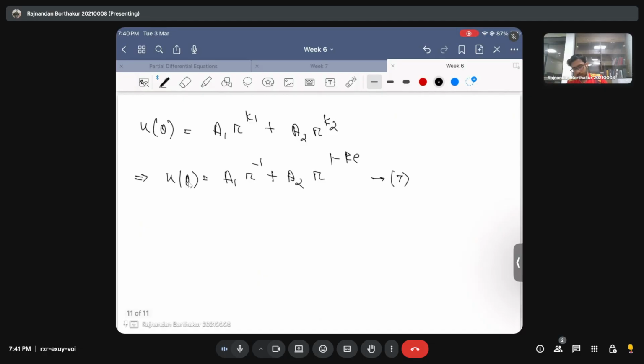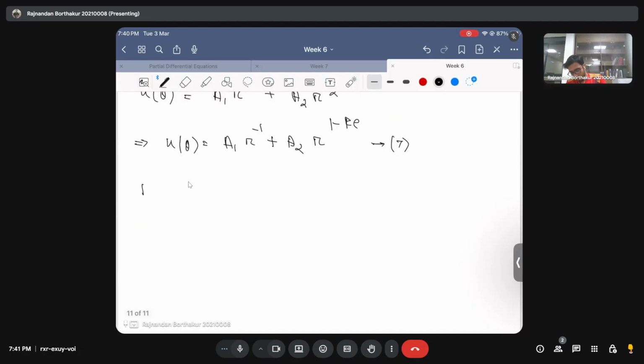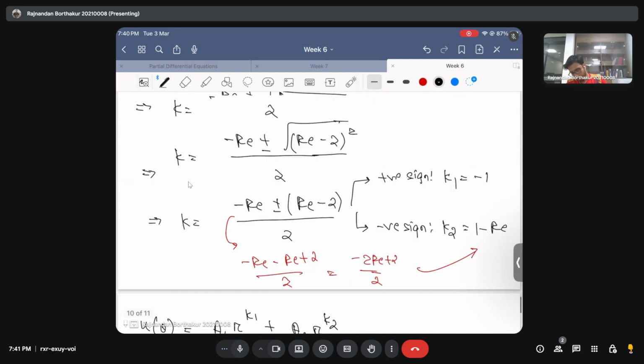Okay, so now let's use the boundary conditions that we have on u theta.